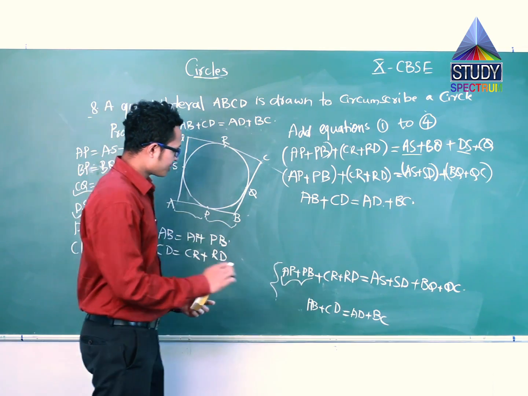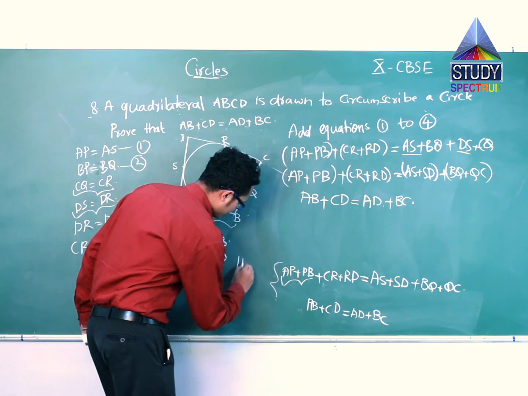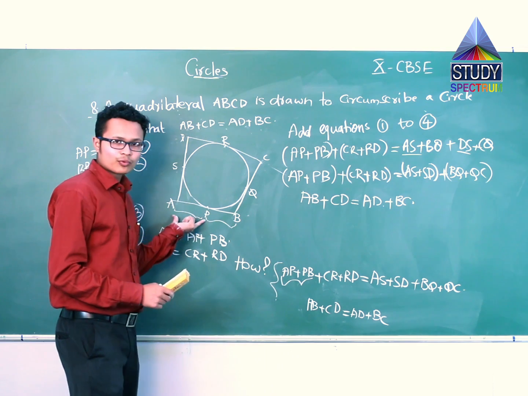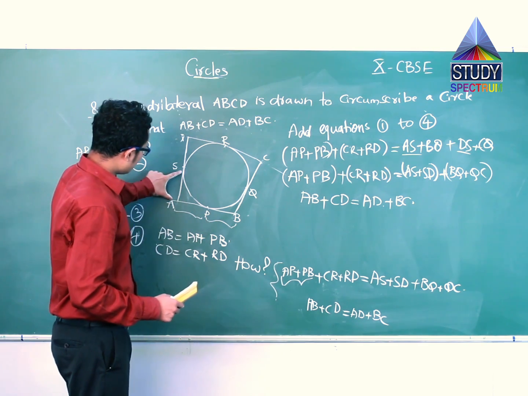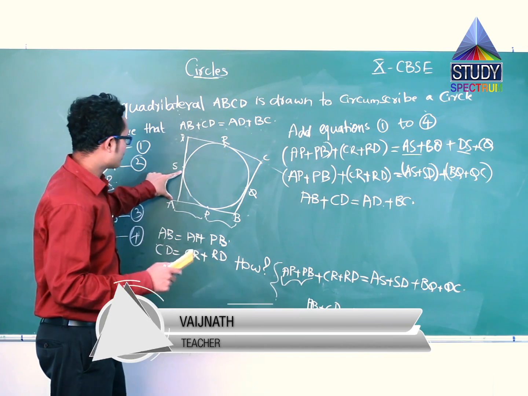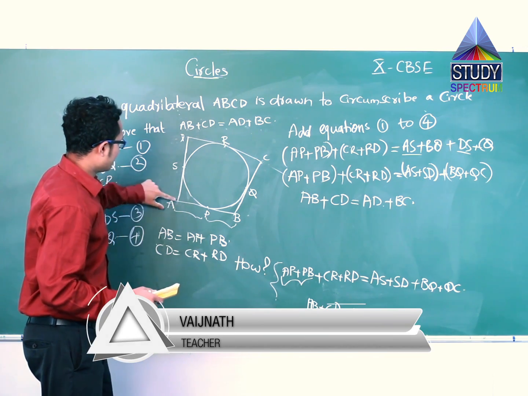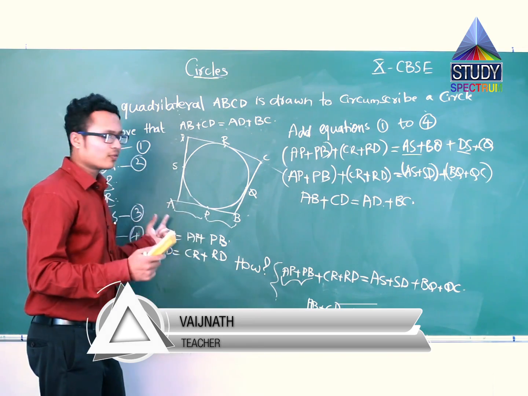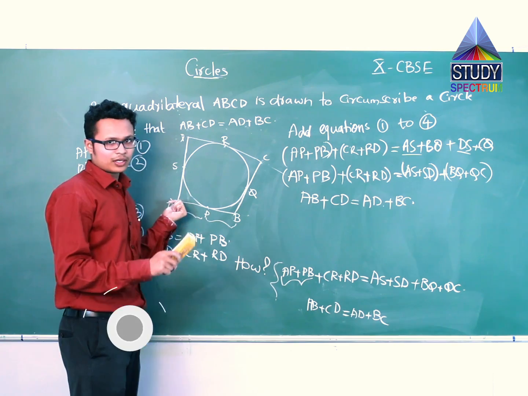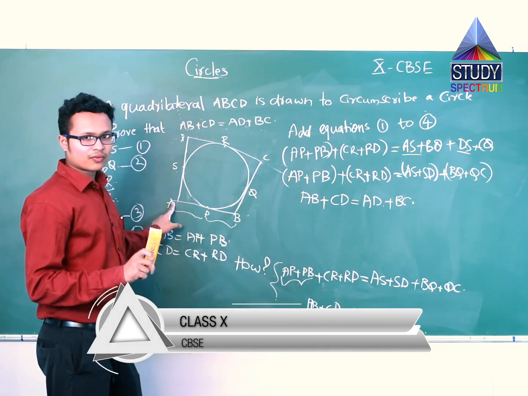Now the question was, how did you write this? That's the question. What do you do? From theorem 10.2, the lengths of the tangents drawn from a point external to the circle are equal in length. So you write that AS is equal to AP, and you will get 4 equations. There are 4 points and you get 4 equations, because at one point you will have exactly one equation.